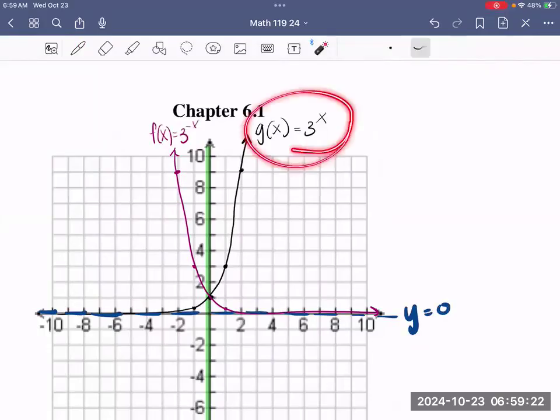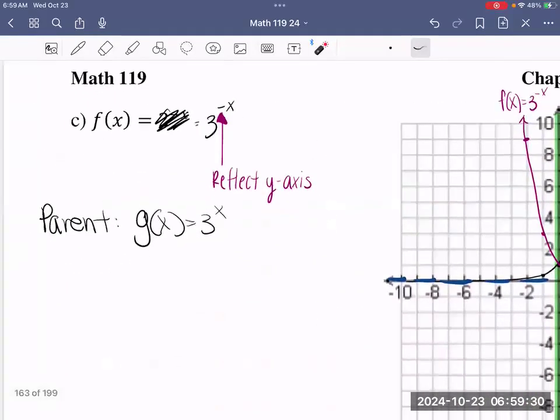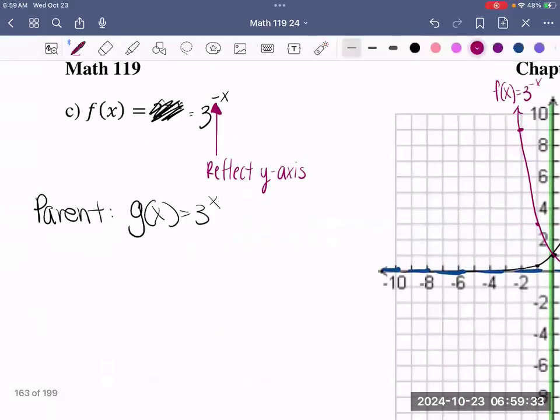So if we started with a growth, where we were growing up, now we're left with a decay. The reason for that, and you may have spotted it before, is that we rewrite any negative exponent to have a positive exponent. So we could have rewritten this to say, okay, we're going to flip it upside down and then make your exponent positive.